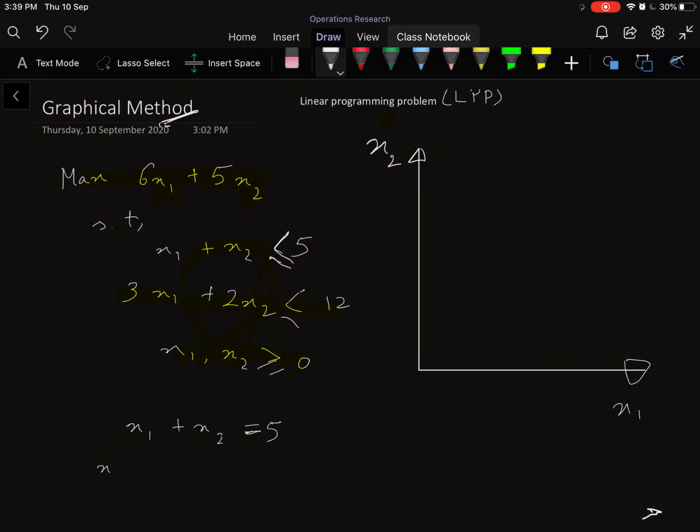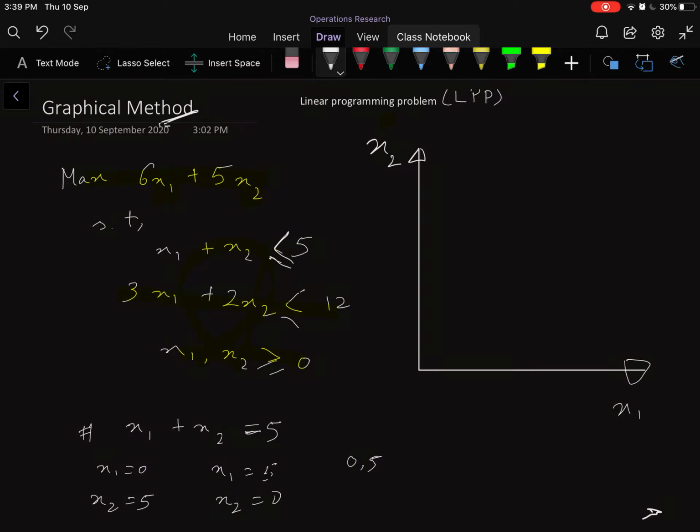If we just consider x1 equal to 0, then the value of x2 which satisfies this constraint x1 plus x2 equal to 5 would be x2 equal to 5. Similarly, if we consider x2 equal to 0, then the value of x1 which satisfies this particular constraint is x1 equal to 5.